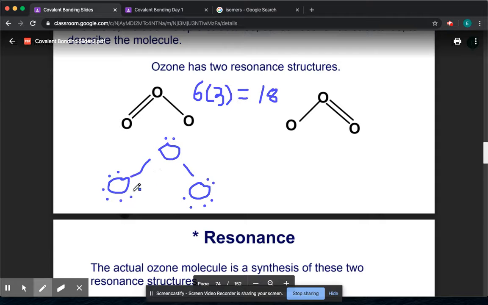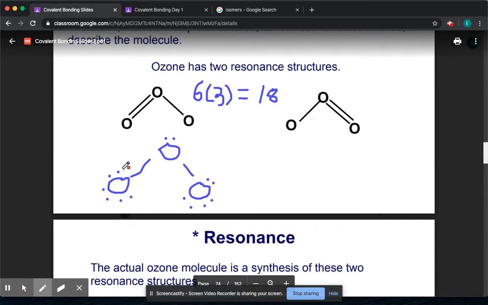Is everyone happy? This oxygen has its 8. This oxygen has its 8. This oxygen only has 6: 2, 4, 6. Which means in order to make this one happy, we need a double bond somewhere. You can get the double bond from either the oxygen on the left or the oxygen on the right.